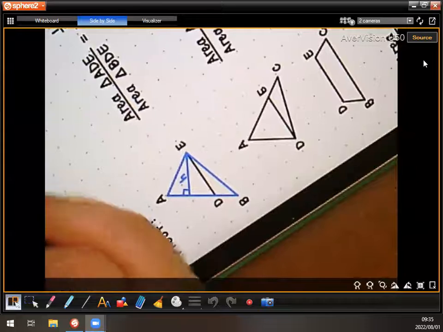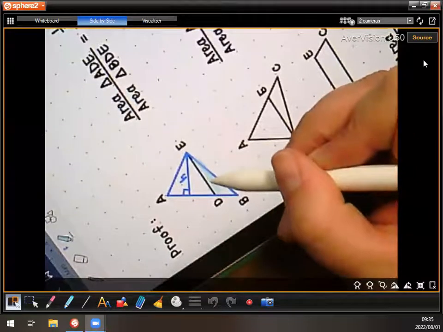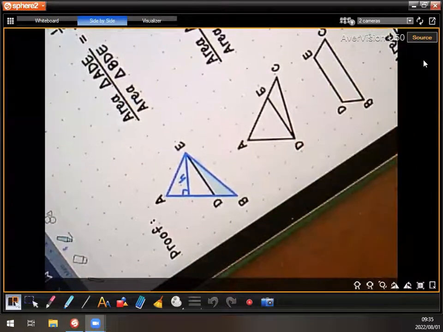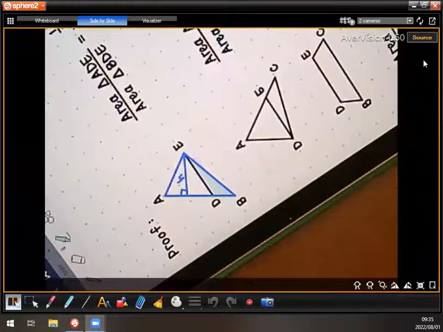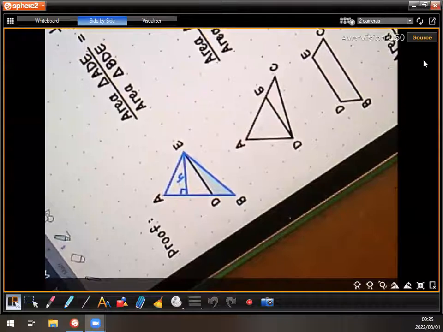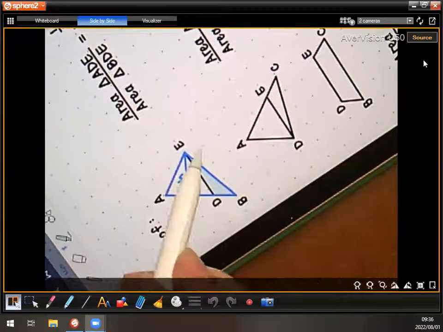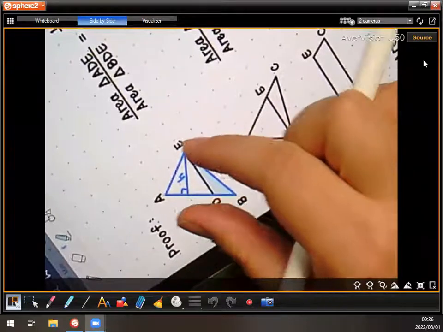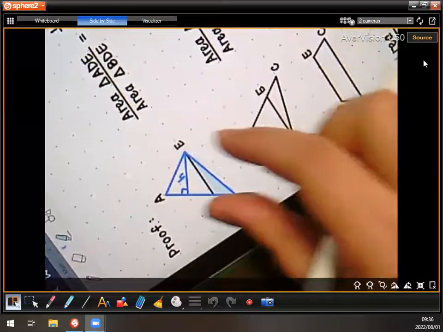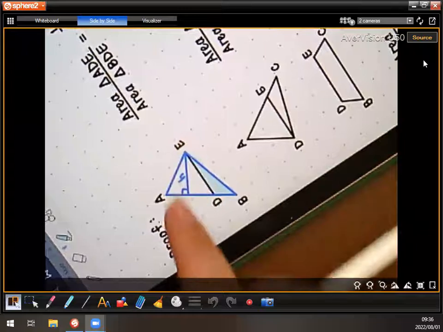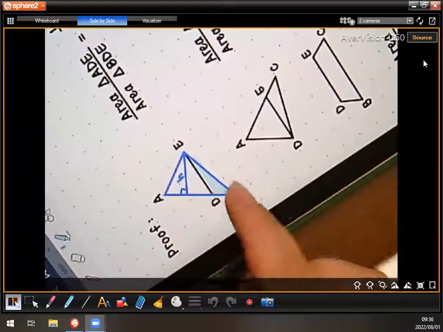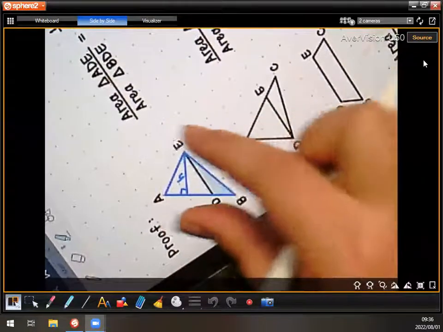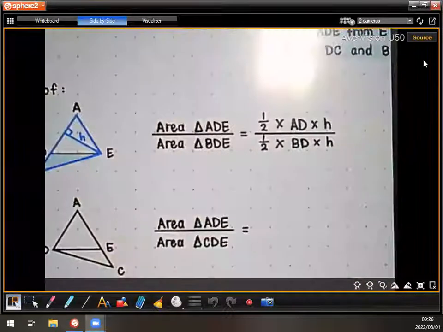So looking at this bottom triangle, so you don't make the same mistake as me: the perpendicular height of the triangle is always the distance between the base and the top vertex. The base is now BD and the top vertex is E, so that distance, if you measured it, would still be h. Even though it doesn't fit inside the triangle now, because this is an obtuse-angled triangle, it still has the same height. Are we fine there?